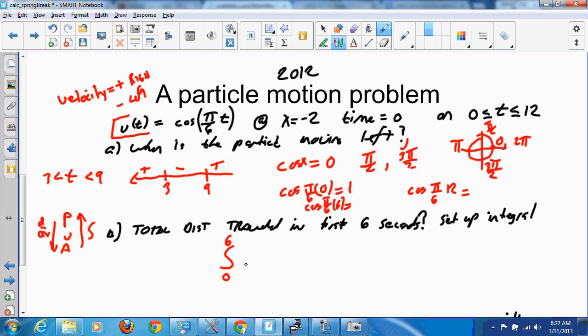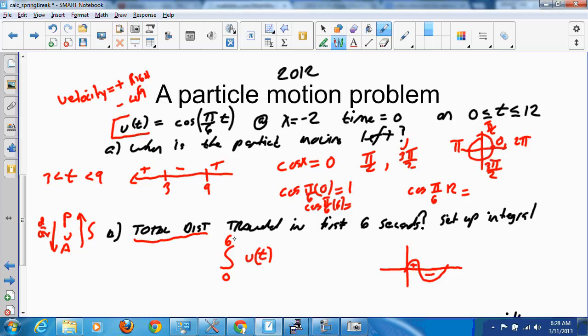But if we just take the velocity, remember this is the area under the curve, and it's possible for a graph to have some positives and negatives. If you add them up, you have positive values and negative values, so those two things sort of subtract from each other. Well, they're asking us to find the total distance traveled.